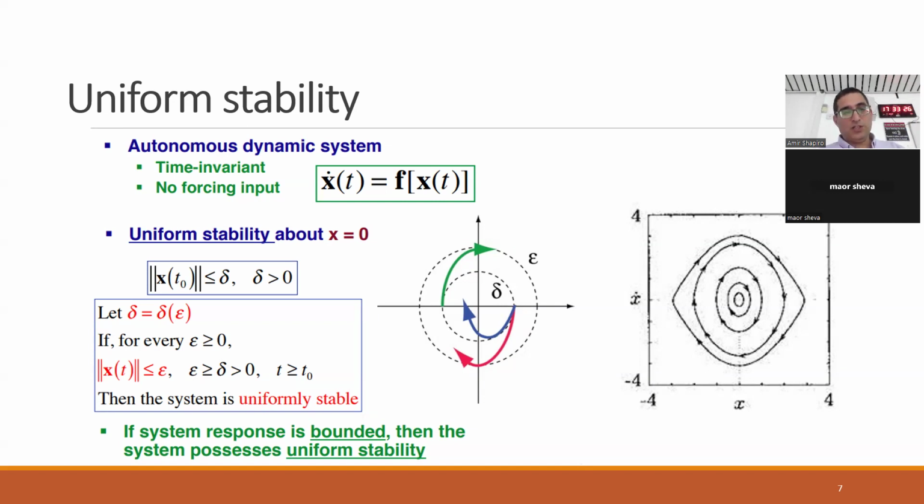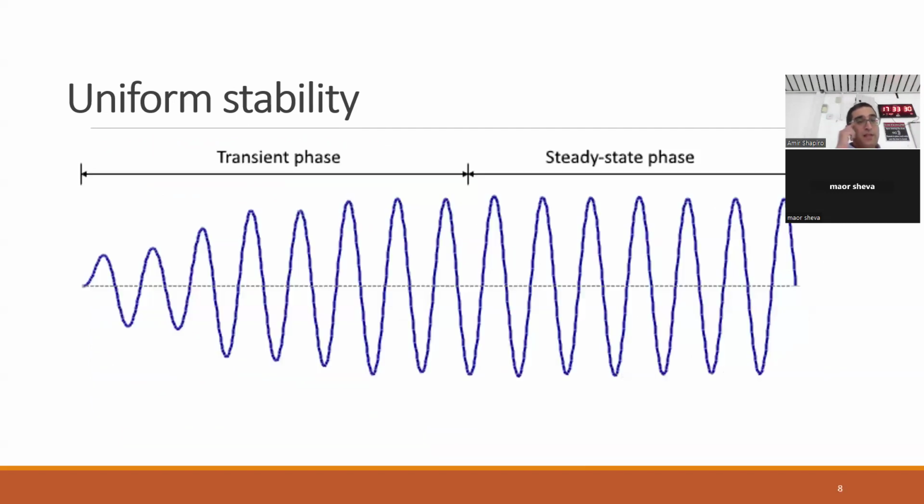That's the definition. You can see such a system with only 1 degree of freedom that changes over time. And you see this system oscillates, but it does not diverge. So it continues to oscillate, but does not diverge. This system is uniformly stable.